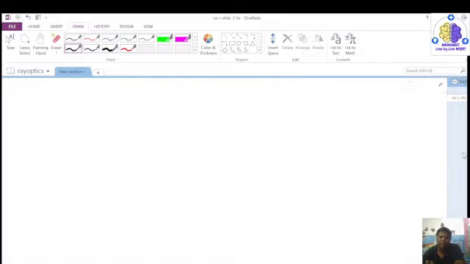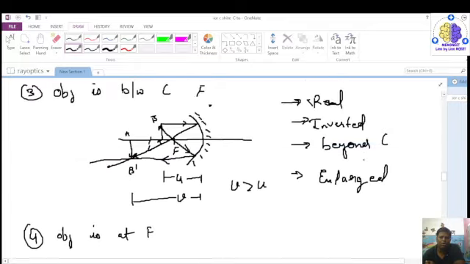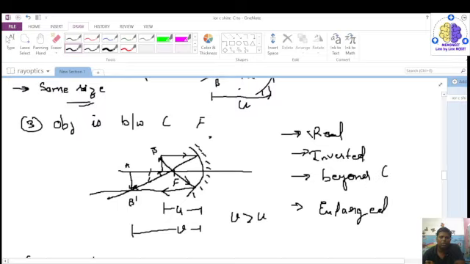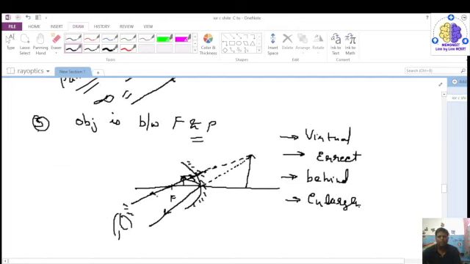Now let me take help of the ray diagrams which I have drawn for the image distance. See, all the real images are formed at the same side where the object is. And when it comes to the virtual image, the virtual image is formed behind the mirror.